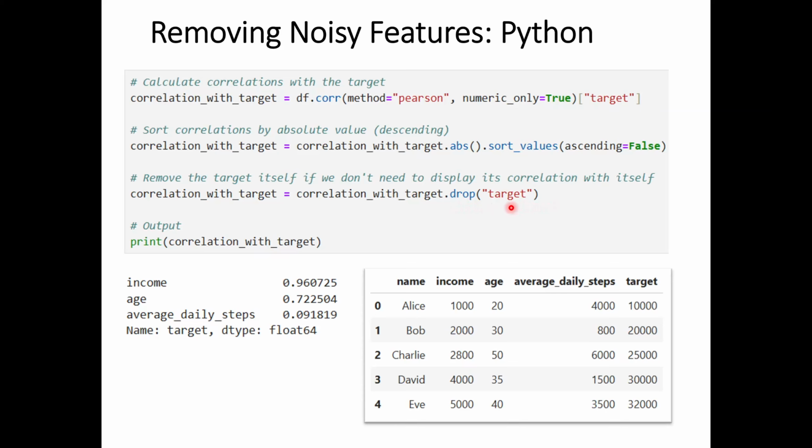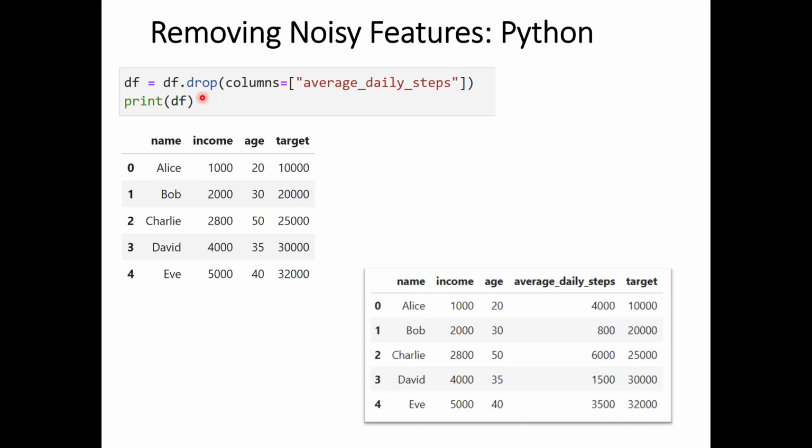We can see that the correlation between the target variable and the average number of steps is very low. A feature with such a low correlation can be removed, since it's unlikely that the number of steps per day affects the loan amount. We can do this using the drop function by specifying the columns to remove.